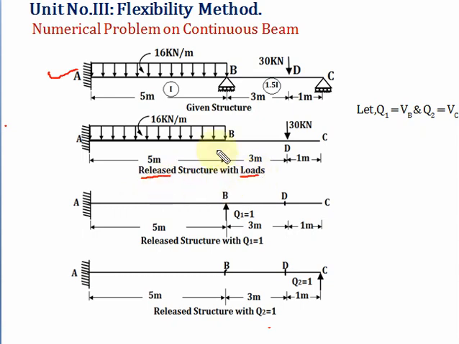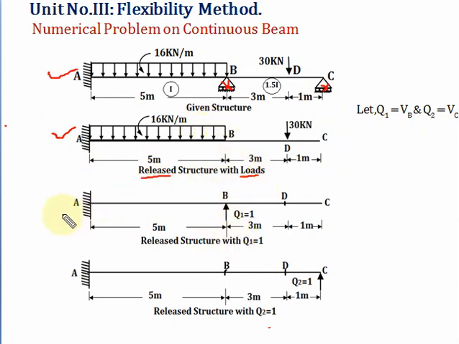Release structure means the given structure we have made statically determinate, by removing the roller support at B as well as the roller support at C. We have to release the structure in such a way that the structure will be stable. So figure number 2 is the release structure with load.